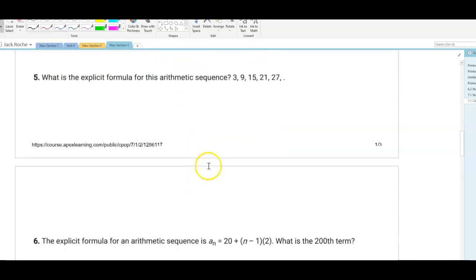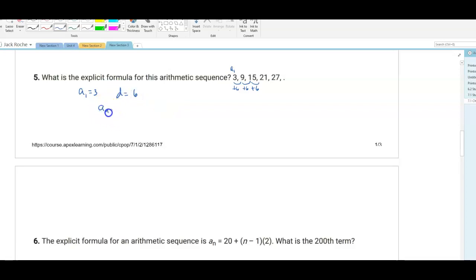Okay? Number 5. What is the explicit rule for the arithmetic sequence? First, if I look, my a sub 1 is 3. So my first term is 3. And my common difference, if I notice, is it's going up 6. So my common difference d is 6.